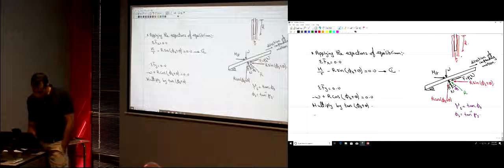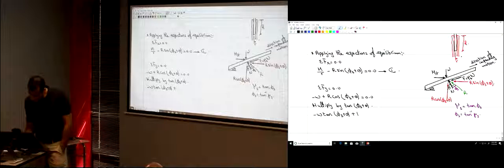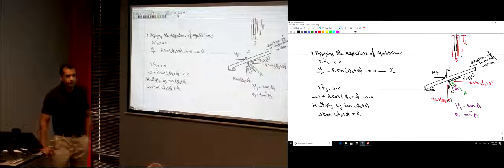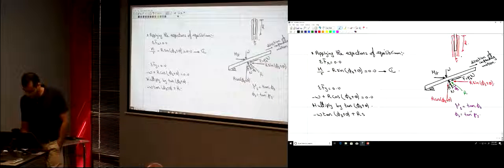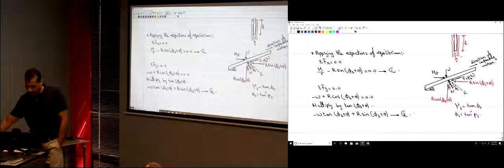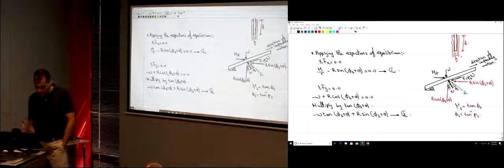So it becomes negative W multiplied by tan phi s plus theta plus R sine phi s plus theta. That's equation 2. Now I'm going to add the two equations.